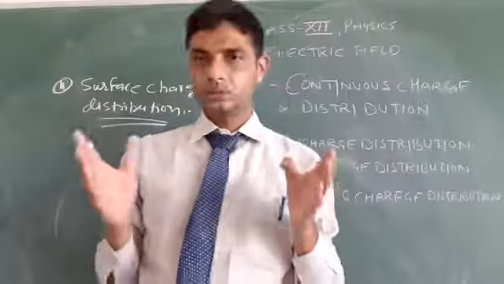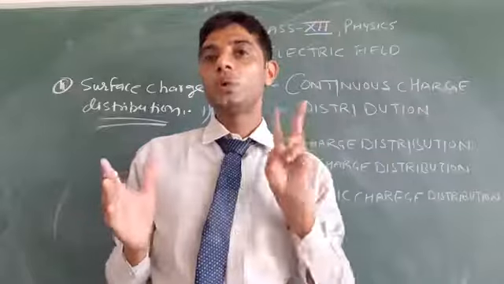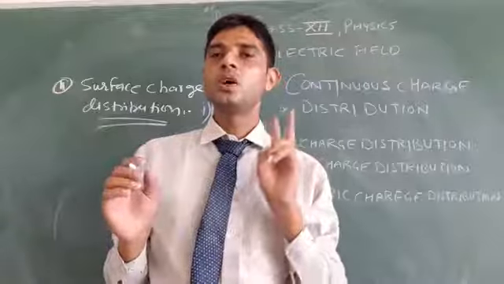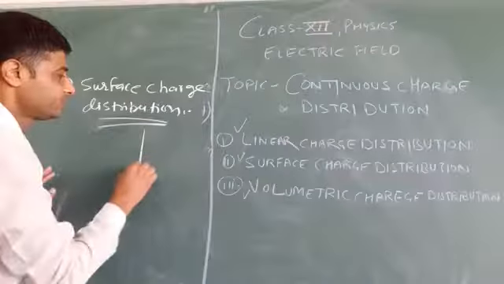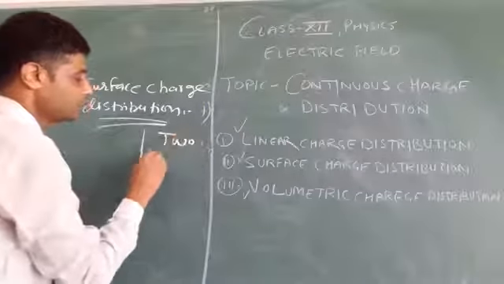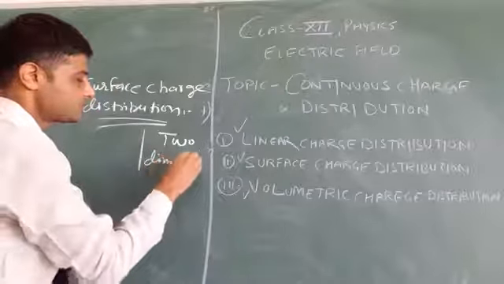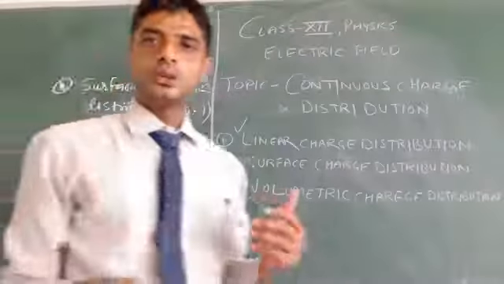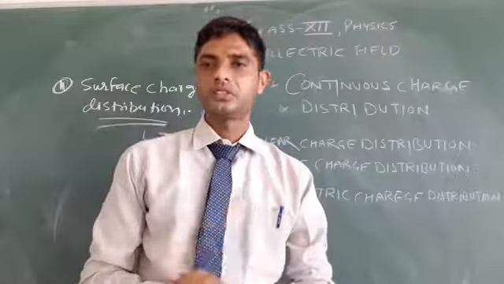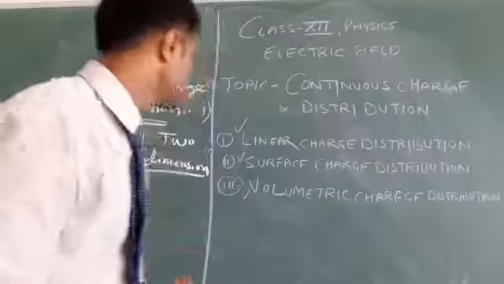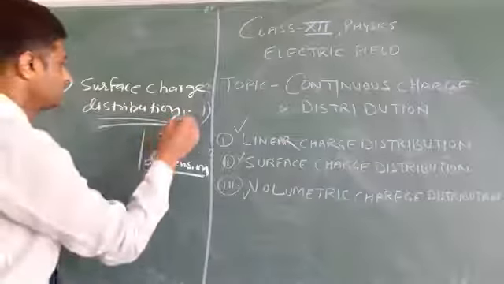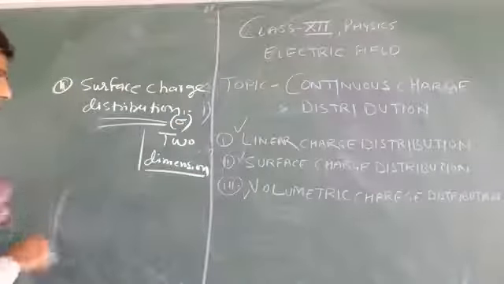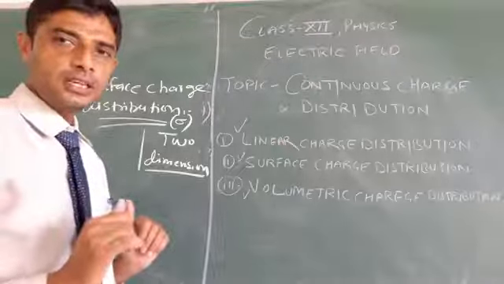So when charge gets distributed in two dimensions, this type of charge distribution is known as surface charge distribution, and the symbol is sigma. This is also known as surface charge density.